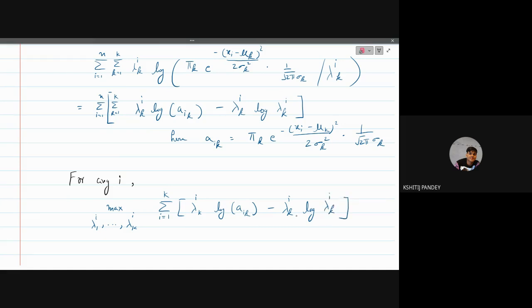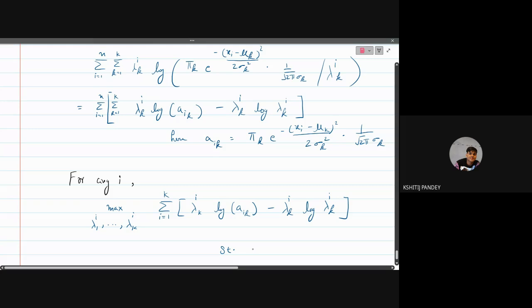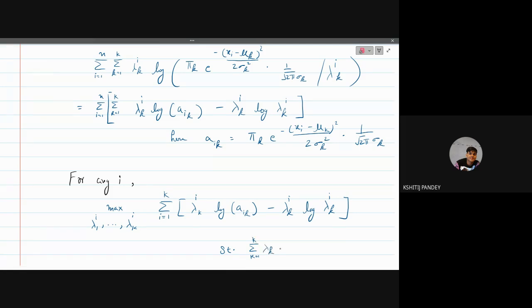Then here also you have a constraint. The constraint we have is that the summation of all the lambdas from 1 to k is equal to 1, and all the values of the lambdas will be between 0 and 1, including 0 and 1.